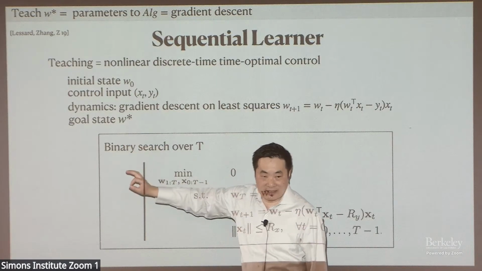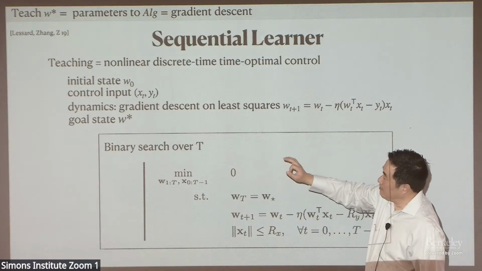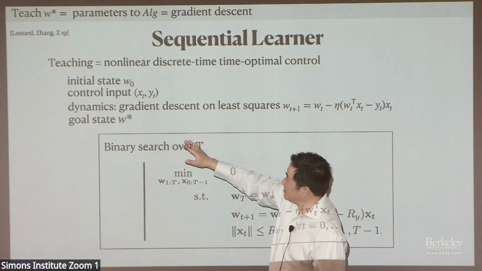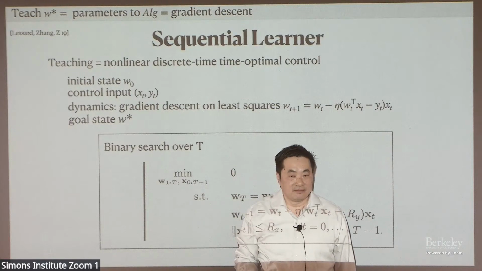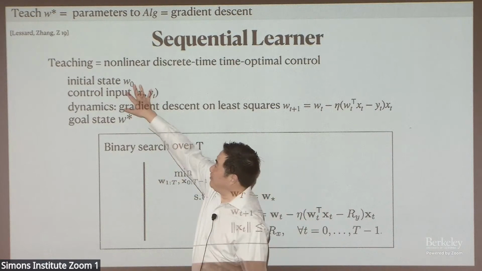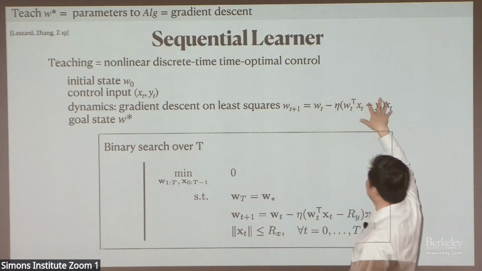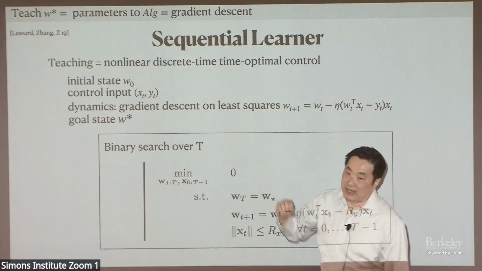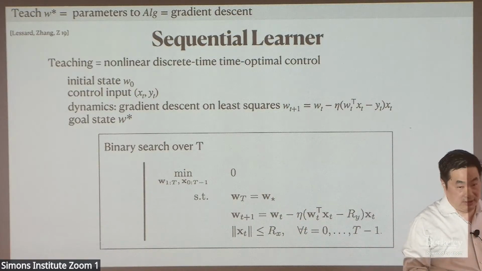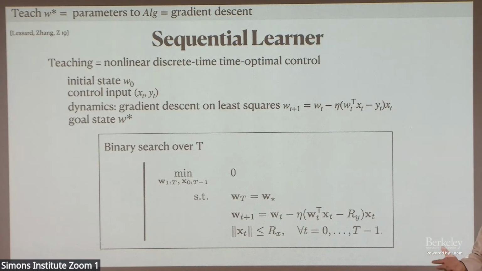Okay, the teacher's job is to make the student arrive at a target state eventually, but can the teacher do it with the shortest control sequence? If the teacher knows everything else, like W0 and this dynamics, and the controls, the x_t, y_t it can use, are all bounded, that becomes an interesting problem, right?